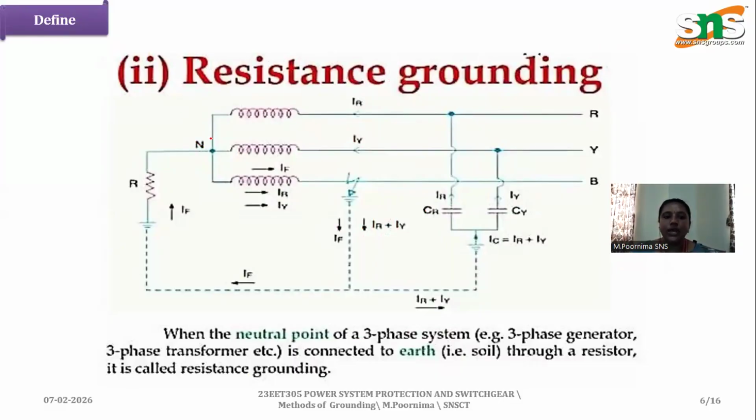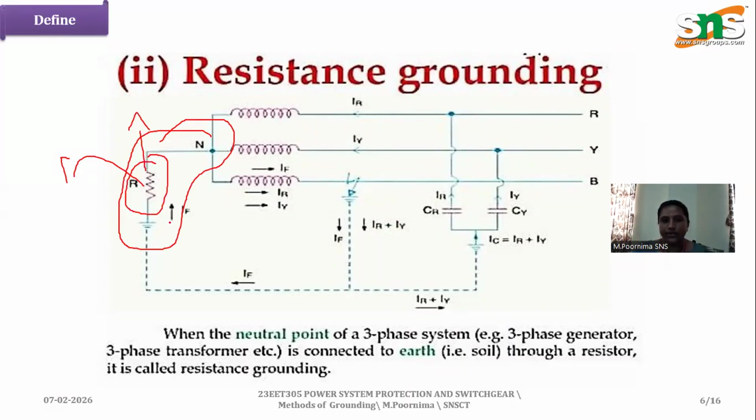Here, between the neutral and ground, we have added a resistance. It controls the flow of fault current, as we know that resistance controls the flow of current. Now the fault occurs in the same phase B, which does not affect the other two phases.